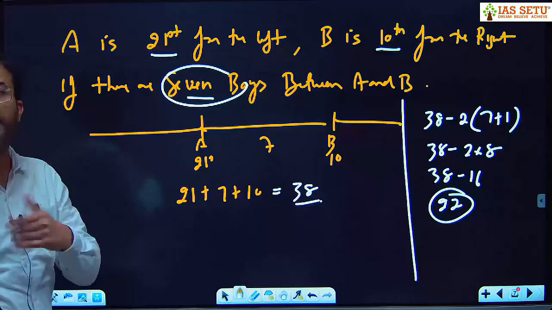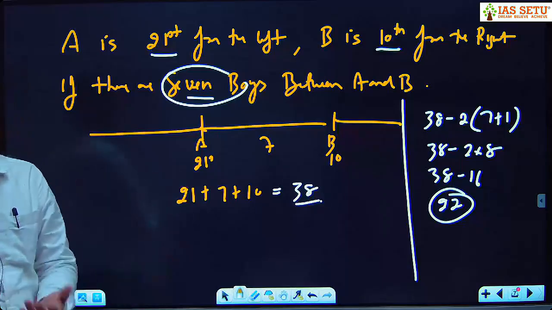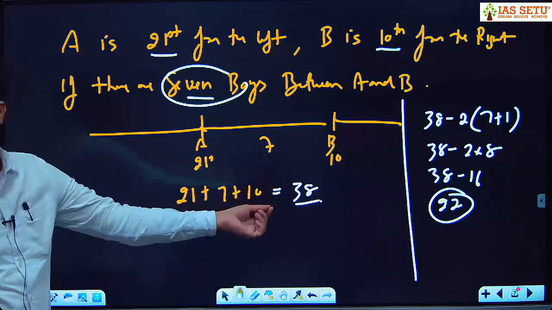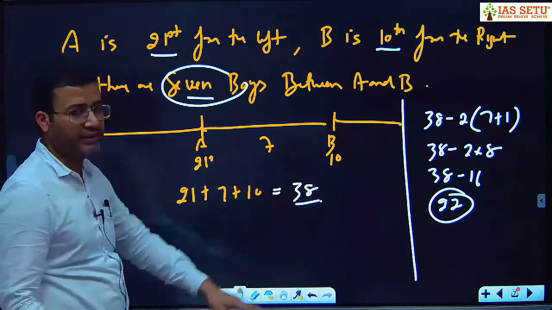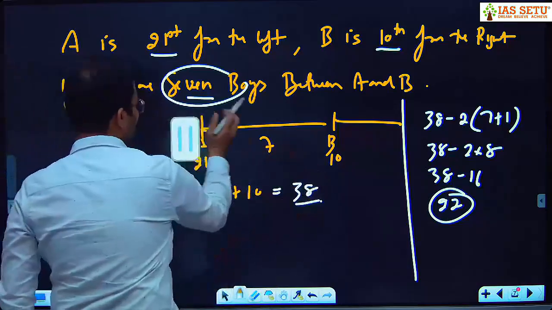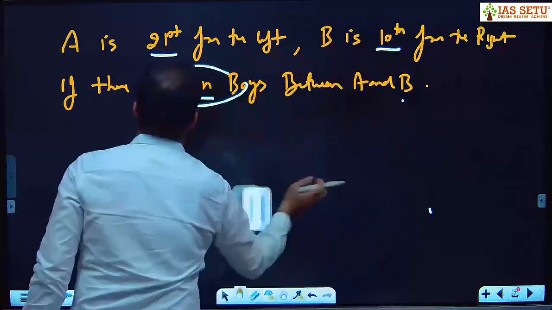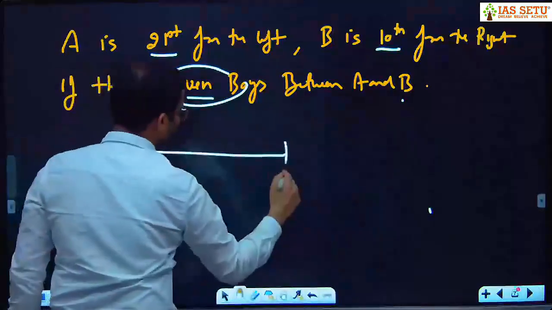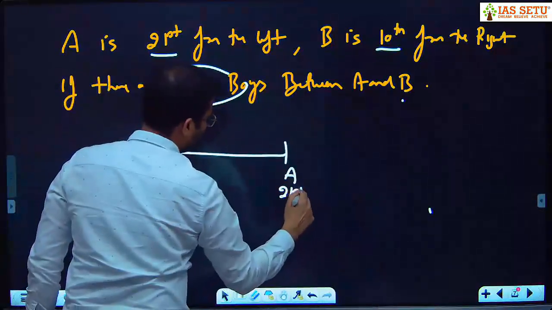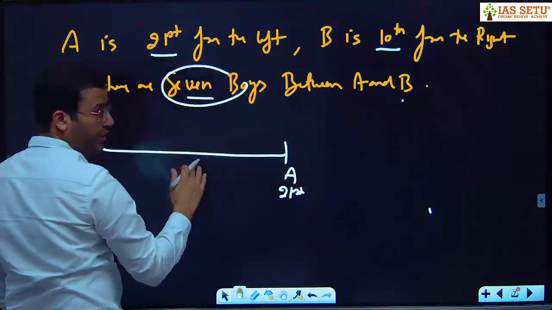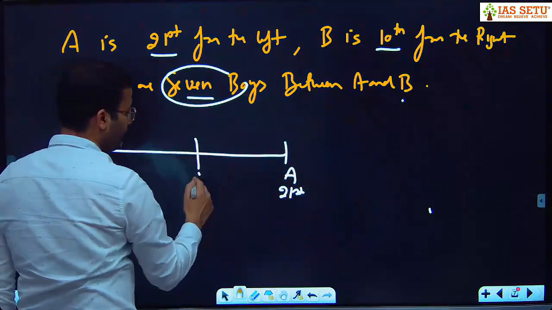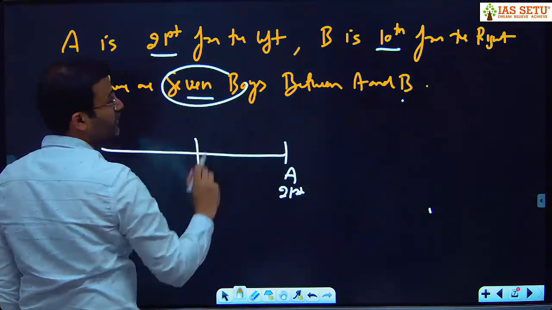Fine. I tell you the diagram so that in exam, if you are not able to recall this shortcut, you will manage the question. First, you take A, who is 21st from the left. ठीक है, B you take here, for minimum, maximum is okay. B here. What is B? 10th from the right.